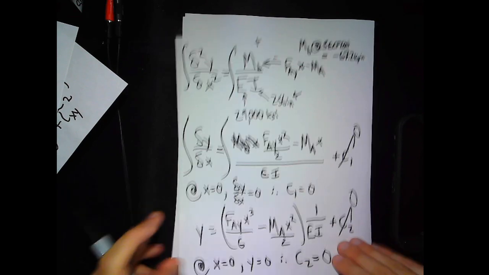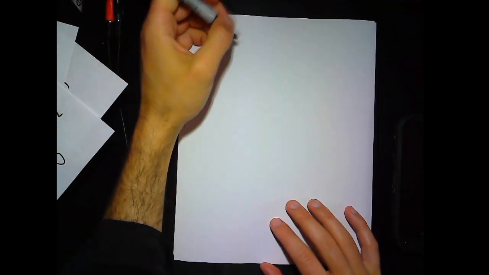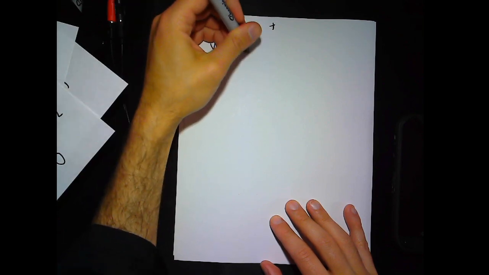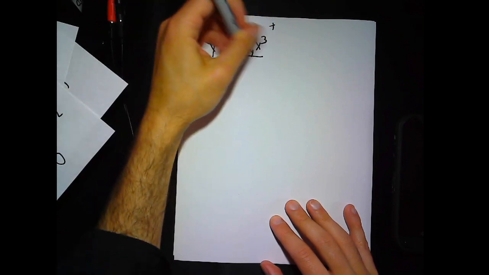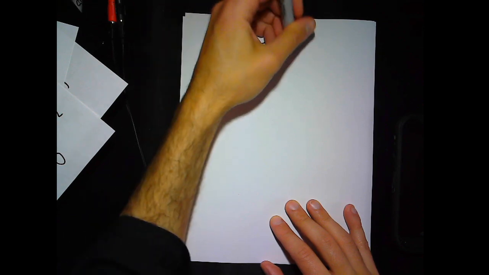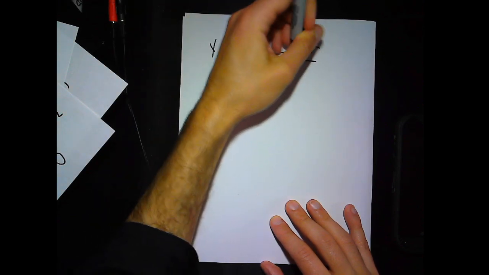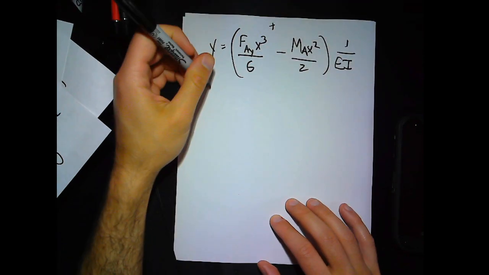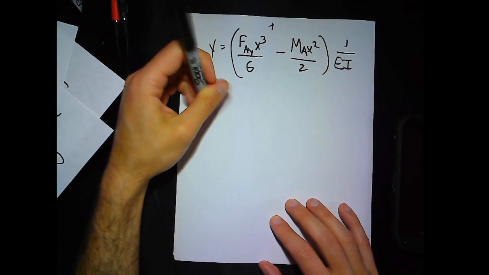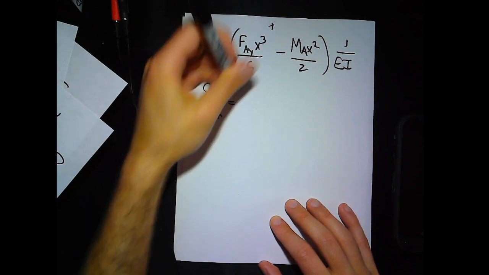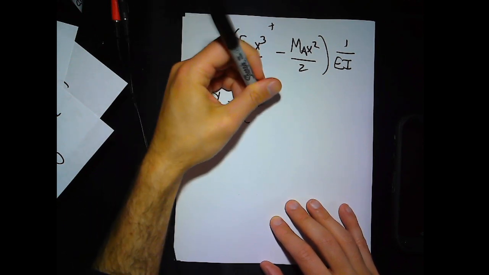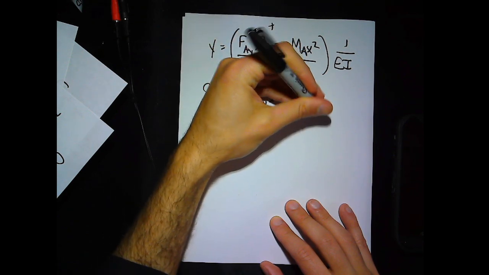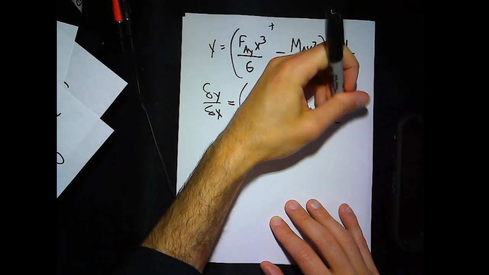So I'm left with y equals FAy x cubed over 6 minus MA x squared over 2, times 1 over EI. So if I wanted to find dy/dx, it equals FAy x squared over 2 minus MA x, times 1 over EI.